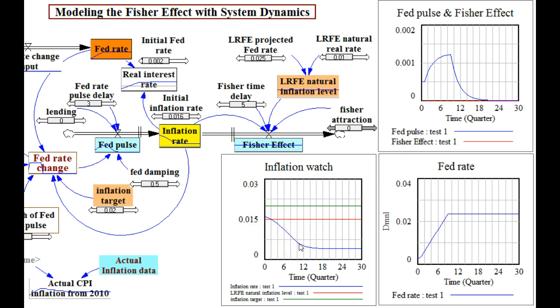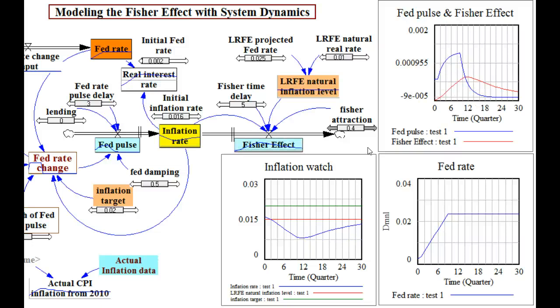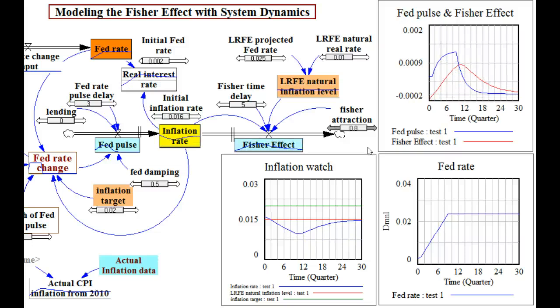Now, at the same time, you'll have the Fisher effect affecting the movement of inflation. So now I'm going to increase the effect of the Fisher attraction, and you'll see that the inflation will change. I'm going to go up here to about 1. What we'll see is, as I said before, the inflation will drop once the Fed rate starts rising.